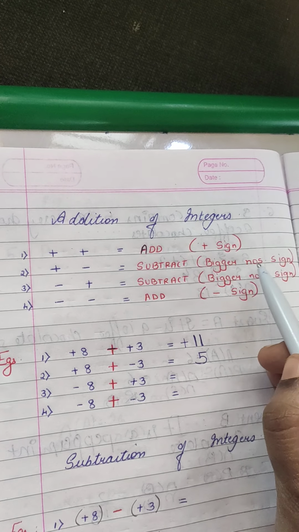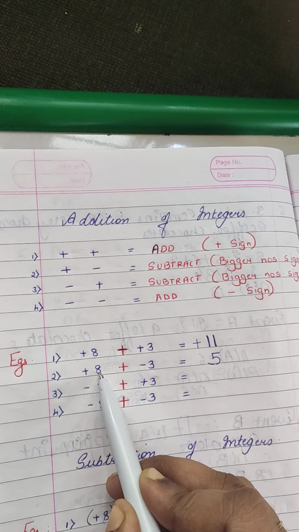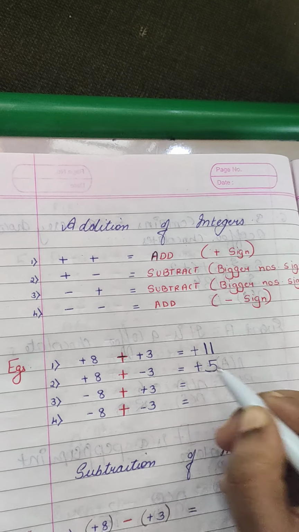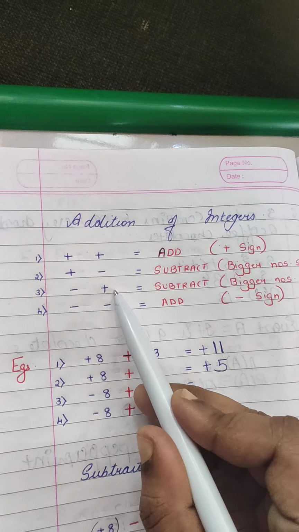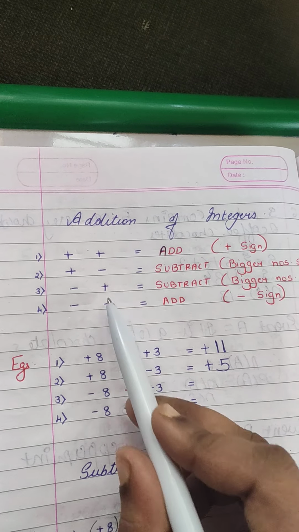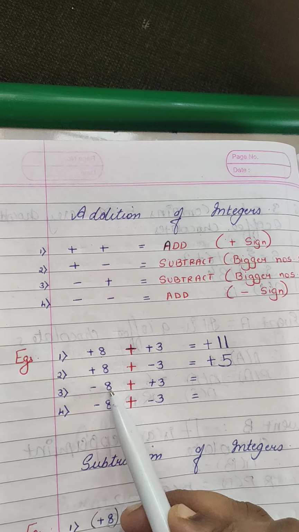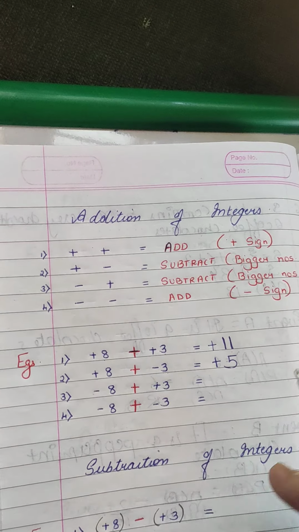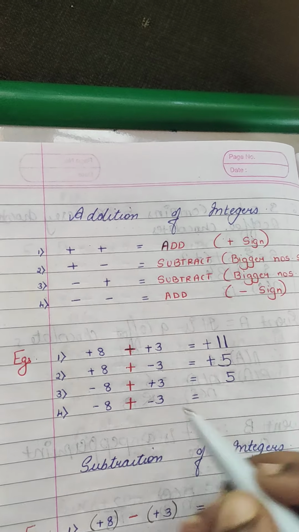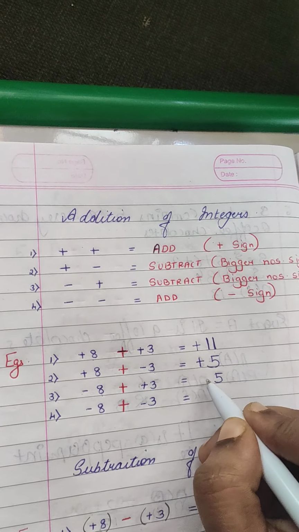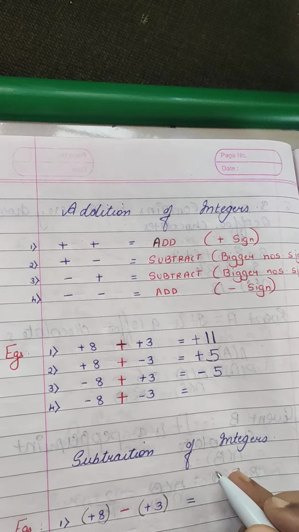And you will put the bigger number's sign. Here 8 is a bigger number, so it has a positive sign, so you will put a plus sign here. Now the third one, the same thing. One is positive, one is negative. 8 minus 3 will be 5. In this case, 8 is a bigger number. It has a minus sign. So you will put a minus sign here.